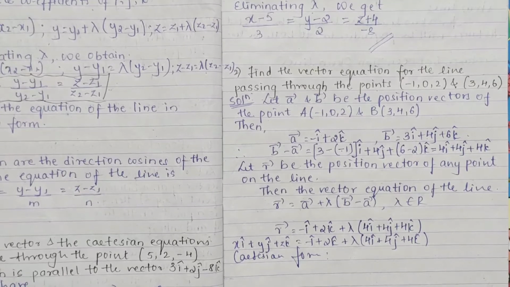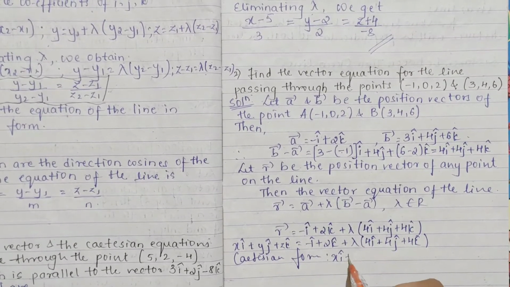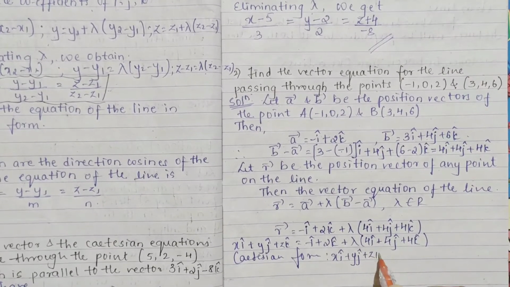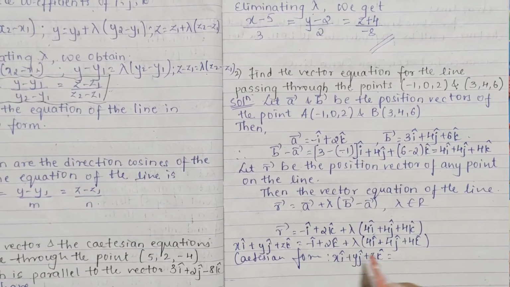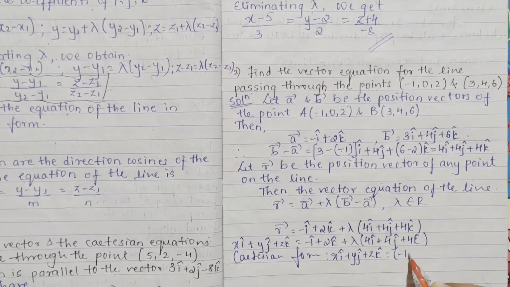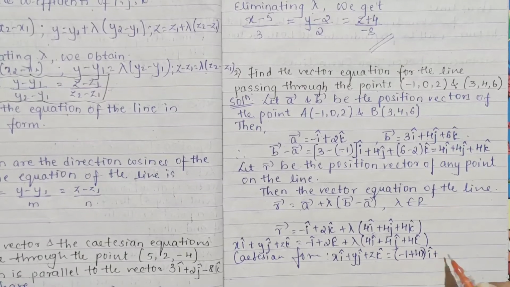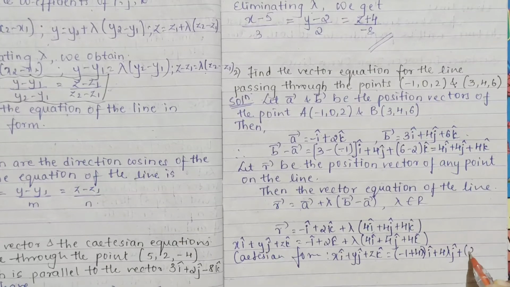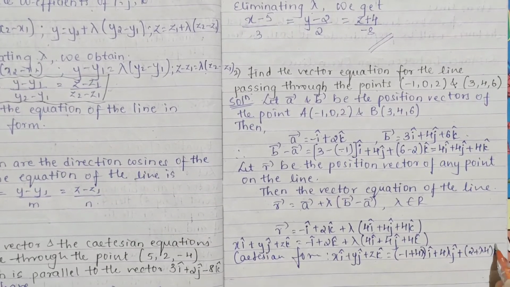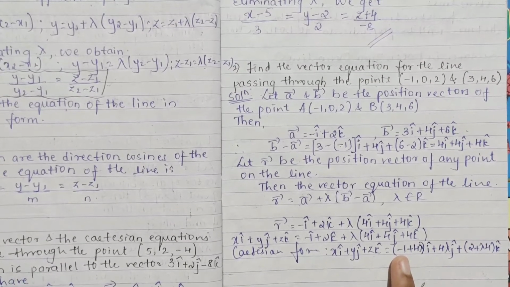You can arrange it. x i cap plus y j cap plus z k cap is equal to your i part, j part and k part. So what you'll get is (minus 1 plus 4 lambda) i cap, then just 4 lambda j cap, and (2 plus 4 lambda) k cap. Same, (x minus x1) divided by (x2 minus x1).